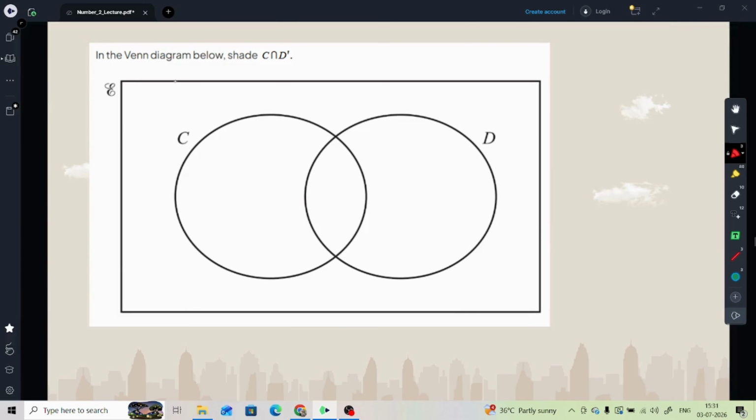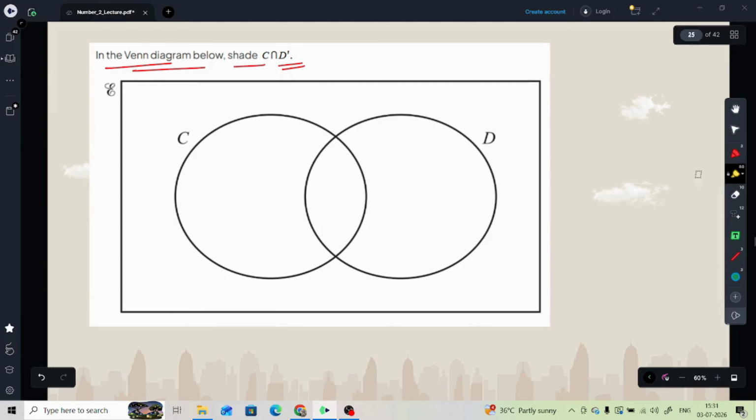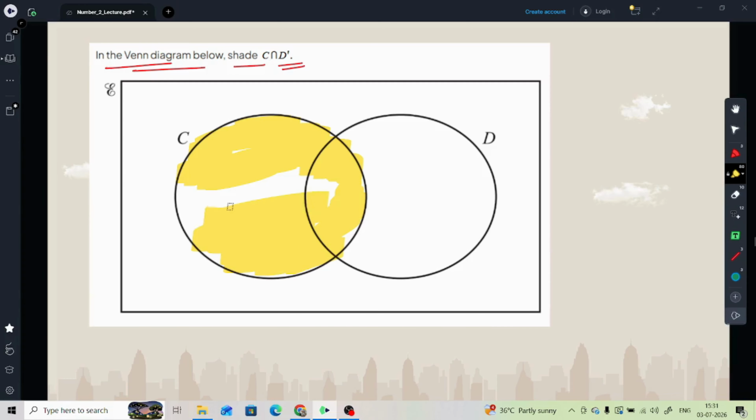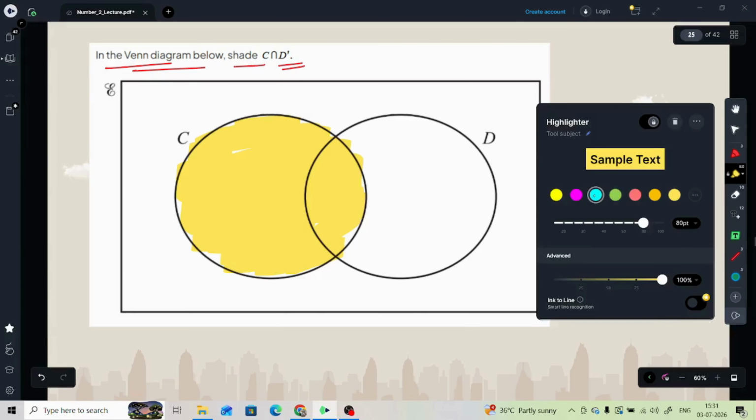Now in this question, in the Venn diagram below, you have to shade C intersect D complement. Okay, so first let's highlight C. So C is this part. And C intersect D complement.